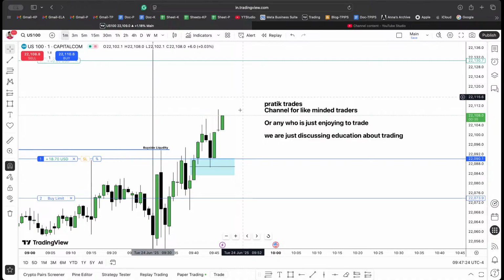So as you can see, here my analysis is going true for today, and you can see that the market is reaching out from a buy perspective. It is going above and reaching out for some liquidity, which is right above the market.